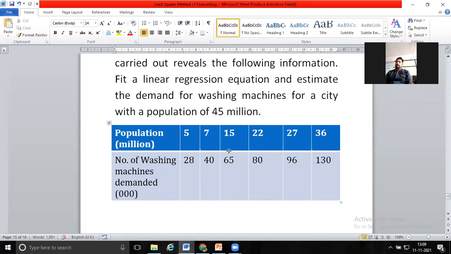Now we have discussed that in previous problems there was a stipulated difference between two periods, and in that case we can easily take the deviations and make the sum of deviation equal to 0. But there is no such pattern between the data provided for us, that is 5, 7, 15, 22, 27, 36.